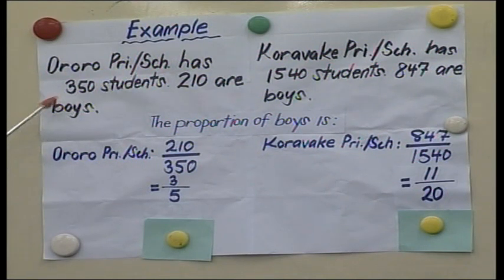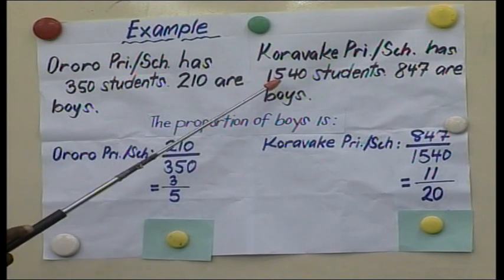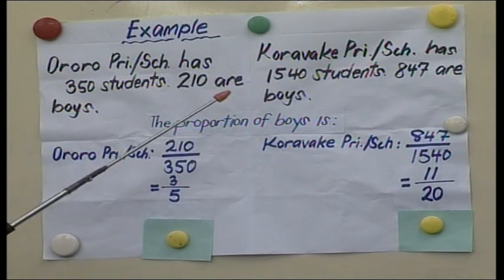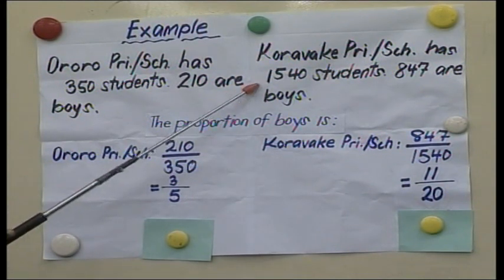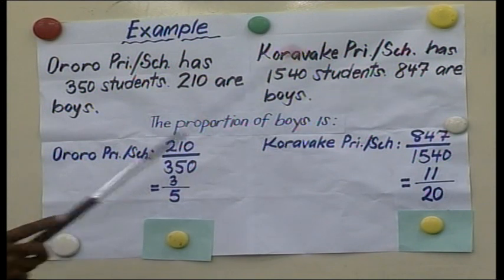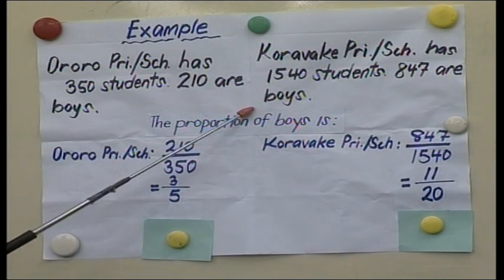Aurora Primary School has a total of 350 students, both male and female. Out of the 350 students, 210 are boys. Korawake Primary School has 1,540 students in the school. Out of this total, 847 are boys.